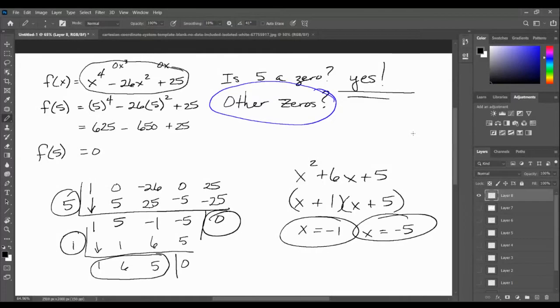Notice each time I did division, this would be an x cubed, this was an x squared. I decreased the degree, and once I got down to a quadratic, I could just plug it into the quadratic formula, or in this case, just factor it. So I really want you to learn synthetic division. It's going to make a difference later on when we need to find all the zeros.